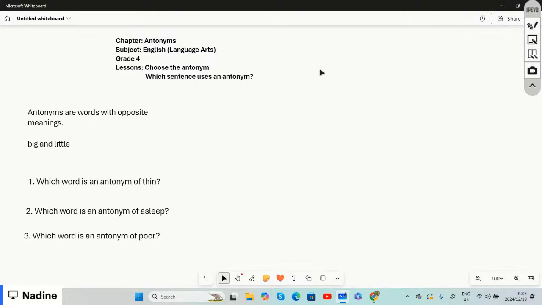The lessons we are going to focus on under the chapter of antonyms are to choose the antonym, and we also need to say which sentence uses an antonym.